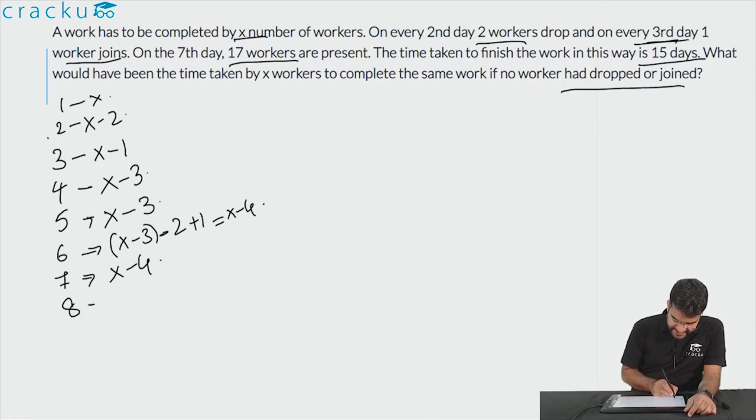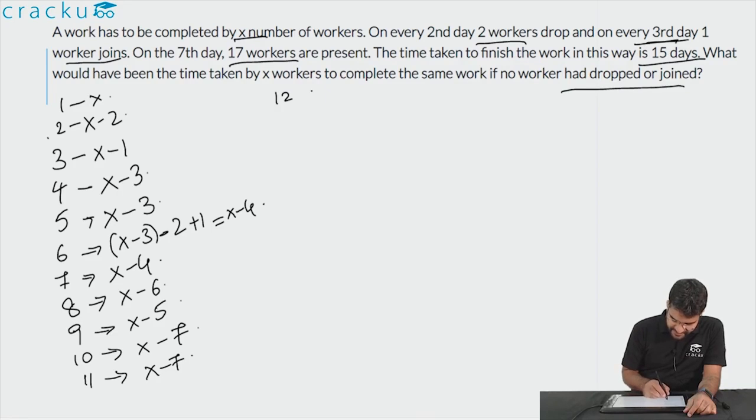On the 8th day, it will be X minus 6 because again 8 is a multiple of 2. Similarly for 9, because it's a multiple of 3, there will be 1 worker who will join, so it will become X minus 5. For 10, it will be again decreased by 2 because it is a multiple of 2. For the 11th day, there will be no change because 11 is not a multiple of 2 or 3.